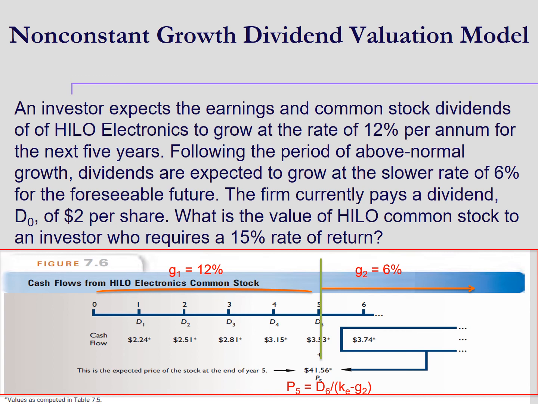So, we can safely cut off the cash flow timeline after the end of year 5. Our problem is then to find out the present value of all 5 expected future cash flows, which are D1, D2, D3, D4, and D5 plus P5.